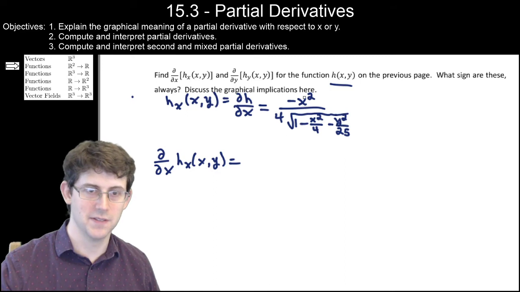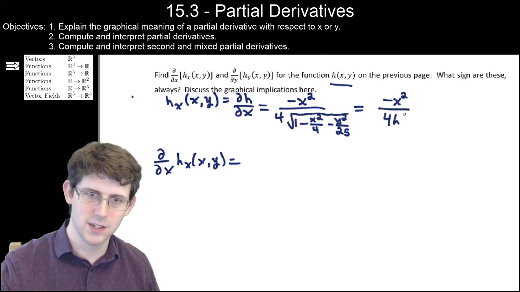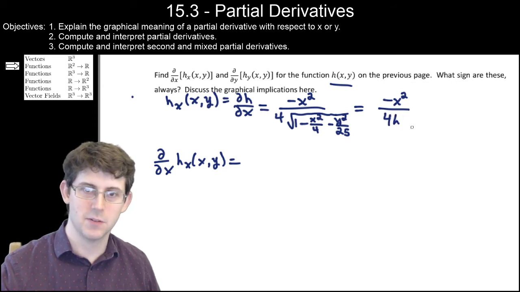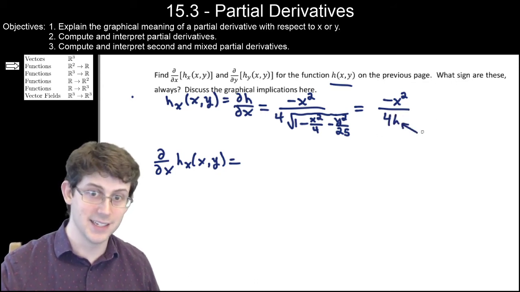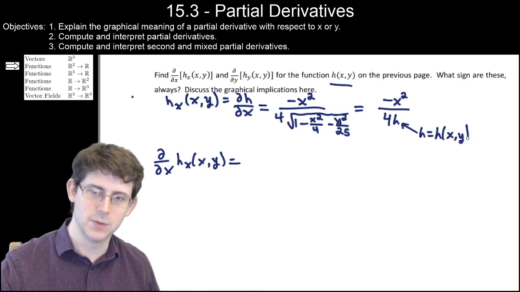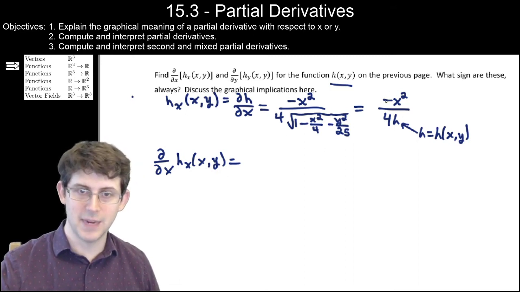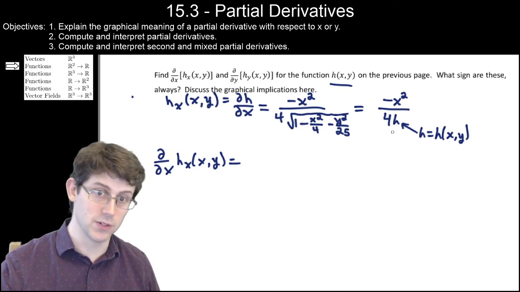is, well, let's do the derivative of this. I actually kind of regret writing all this down. Let's rewrite it again as 4h, as long as we remember that h is not a constant. We'll be able to use this to just reduce the amount of writing we're doing. So the derivative of minus x squared over 4h, we'll use the quotient rule.